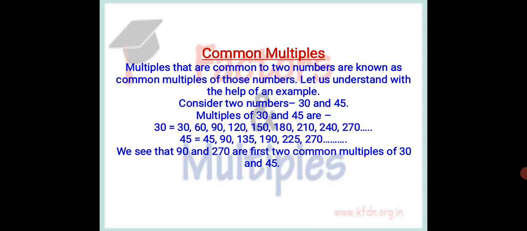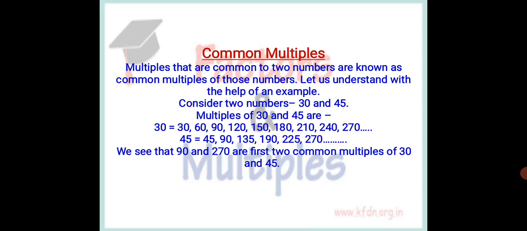Just as we have done previously, the factors which are common to two or three numbers are said to be the common factors, same to same. The multiples that are common to two numbers are known as the common multiples of those numbers.